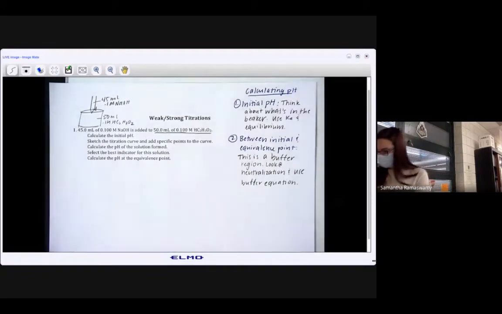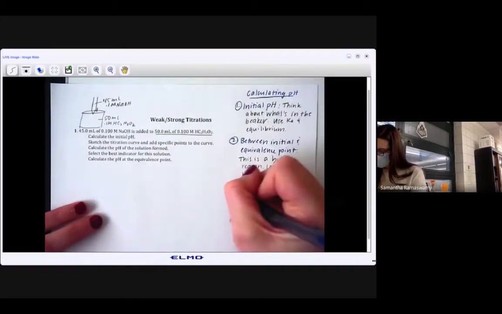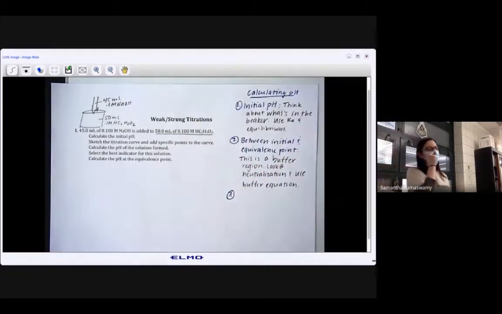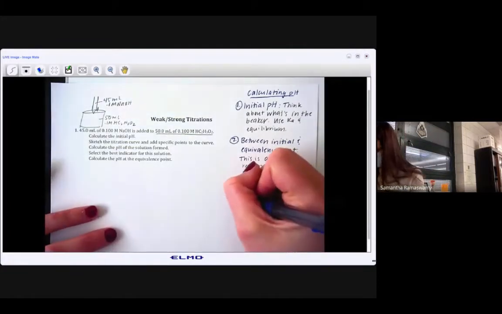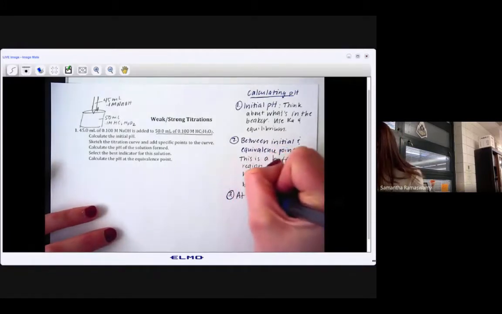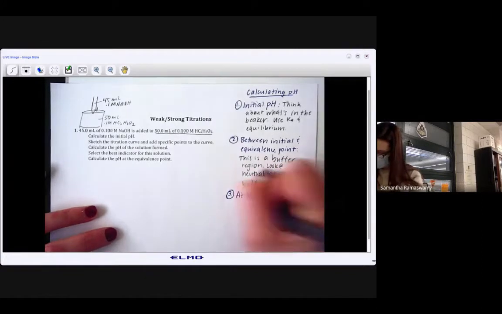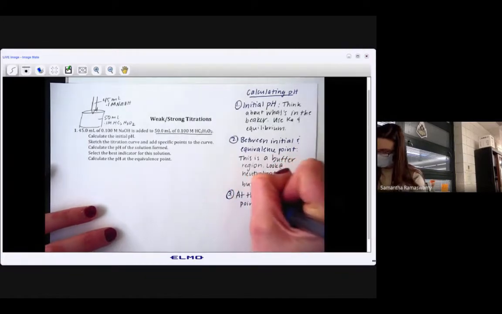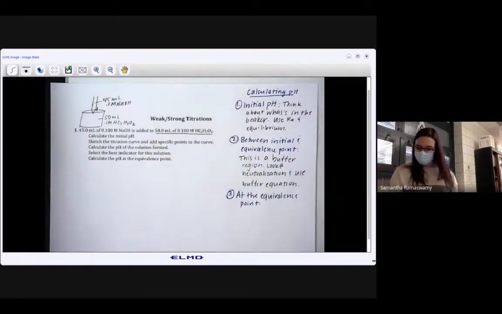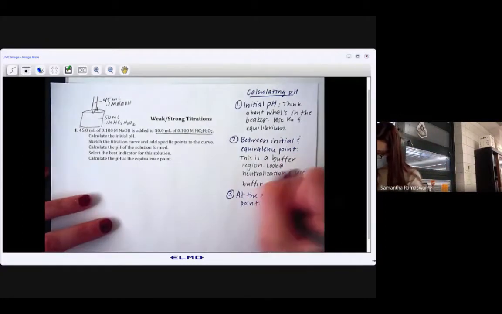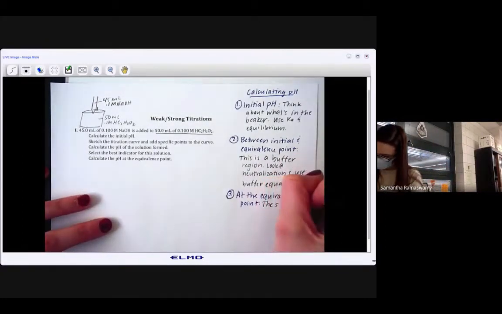The third place, and you will see a pH at the equivalence point question on the quiz, at least one. Yes, it's multiple choice, but you'll still see one of them. So at the equivalence point, what's important to remember is that the salt determines the pH.